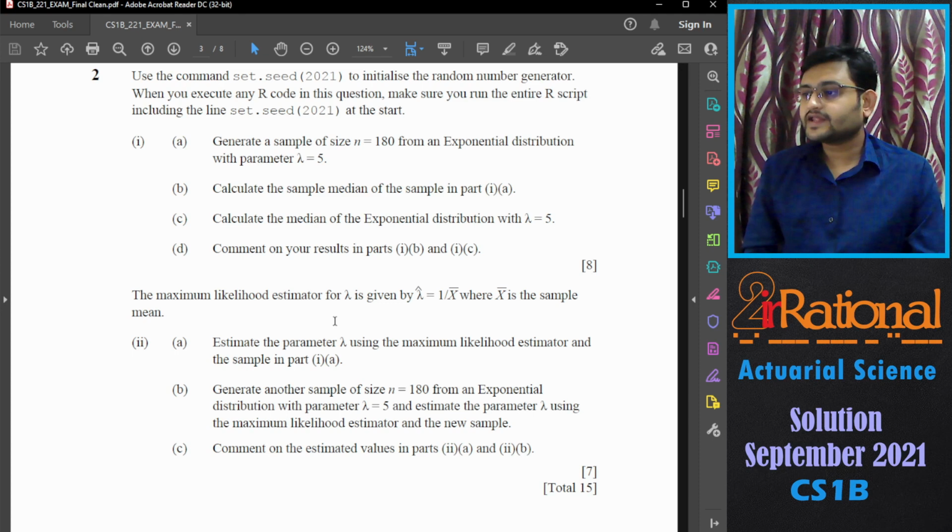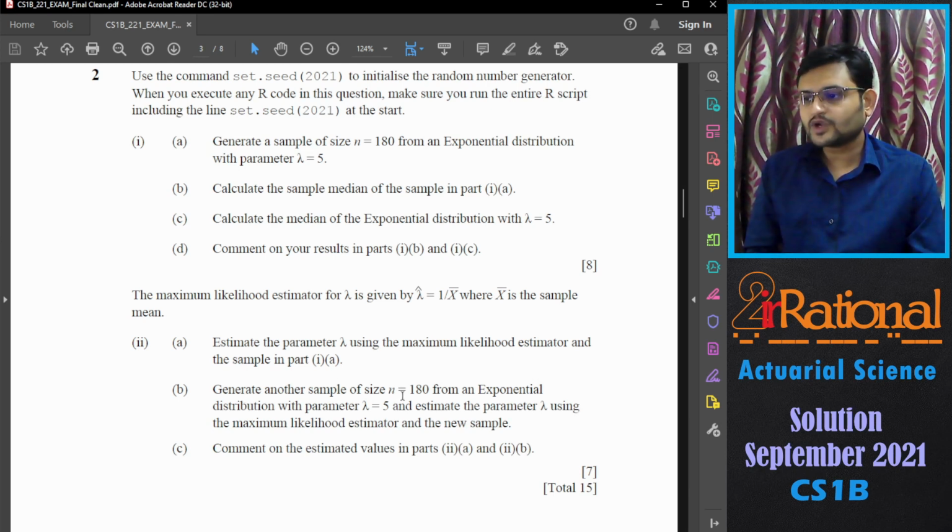For the second part, they are saying the maximum likelihood estimator for lambda is given by lambda hat being 1 by x bar, where x bar is the sample mean. Second part, A, estimate the parameter lambda using the maximum likelihood estimator and the sample in part 1a. So we have to use our sample that we have created before to now calculate our lambda.